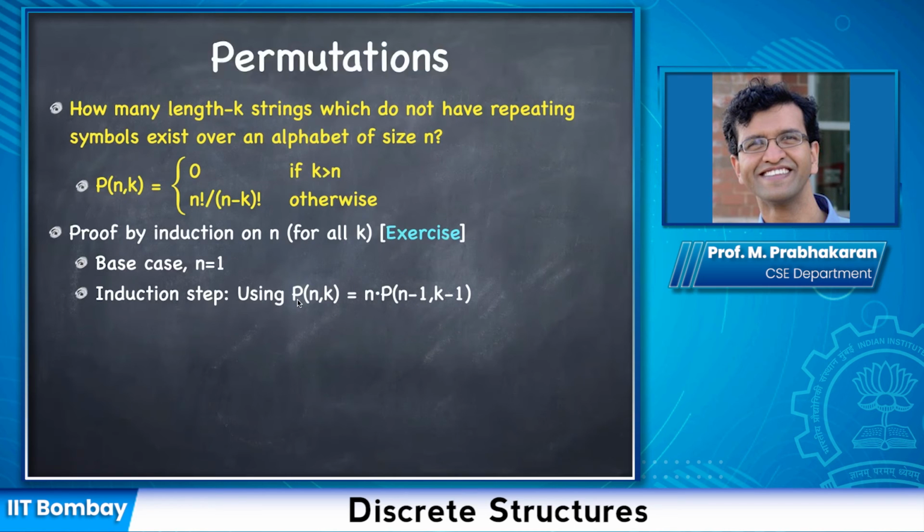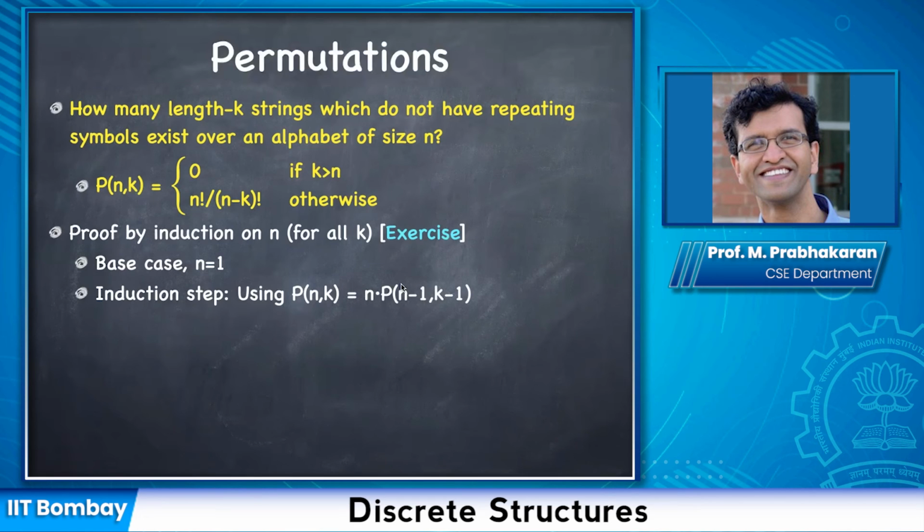And for the induction step, you can use the following argument. What is a length k string without repetitions? Well, you could think of it as first you pick, say, the last character of the string. You can do that in n ways. And then for each of those ways in which you pick the last character, the first k minus 1 characters form a permutation, but from the alphabet which excludes this last character.